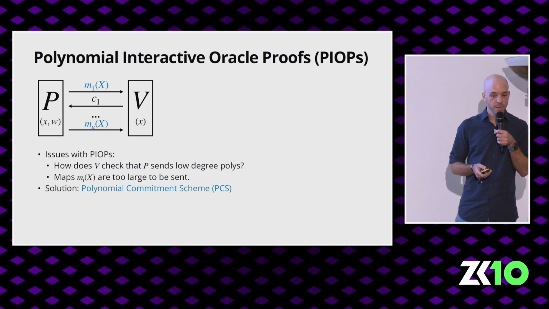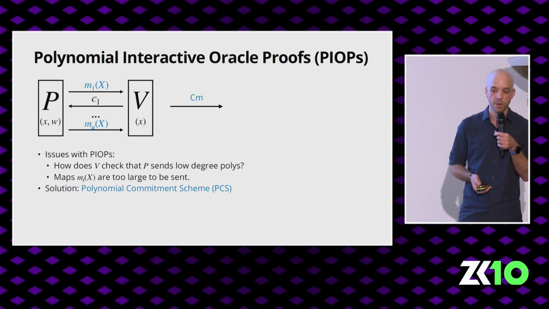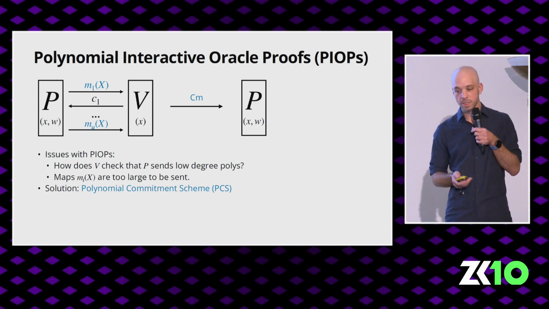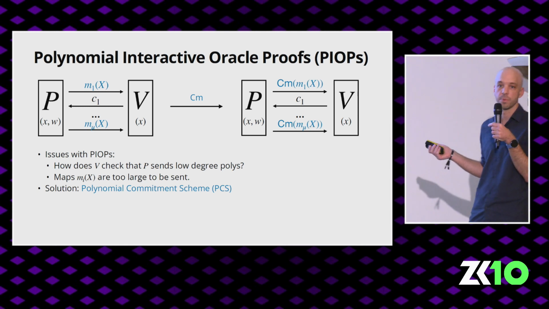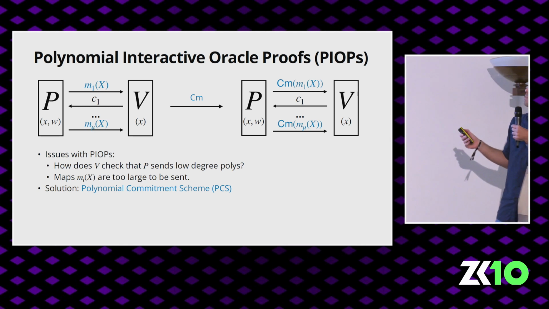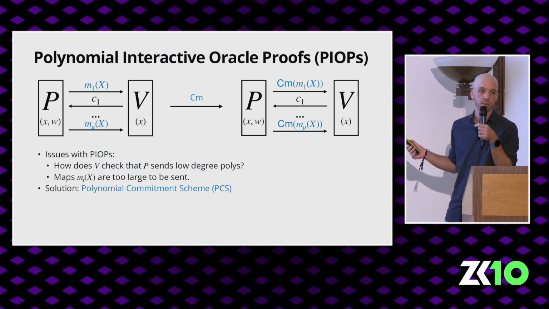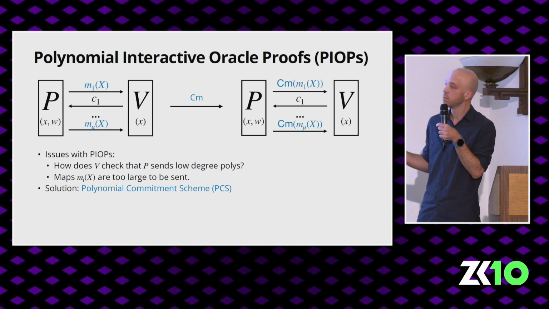The typical solution to these issues is to compile the PIOP with a polynomial commitment scheme. You take the PIOP, take a polynomial commitment scheme, and replace the messages that the prover sends by commitments to the polynomials. Now the prover, instead of sending polynomials, sends commitments.